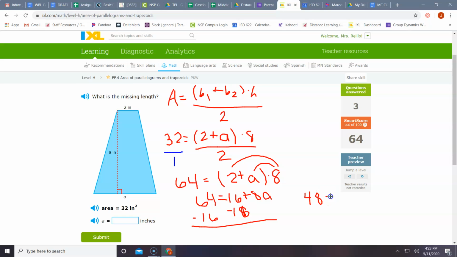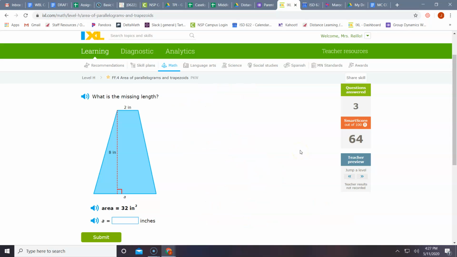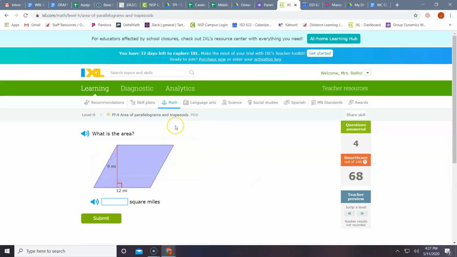So 48 is going to equal, we're just left with 8A. And our last step will be to divide by 8. And our answer then should be 6. There we go. All right, if you guys have any further questions, make sure you let me know. Nice work. Keep it up.